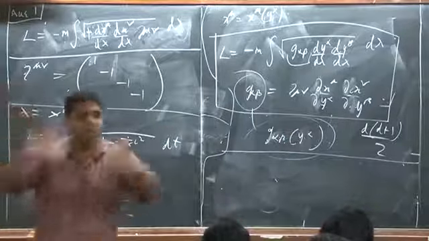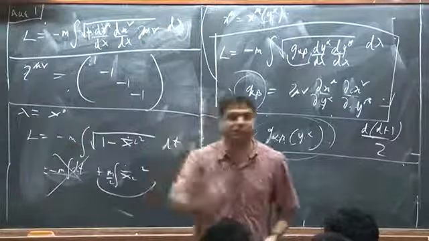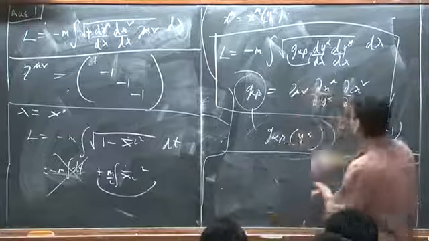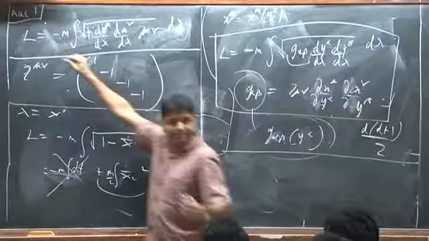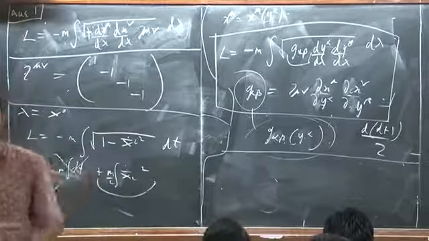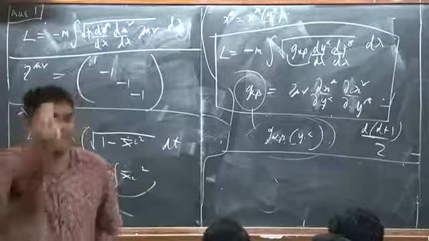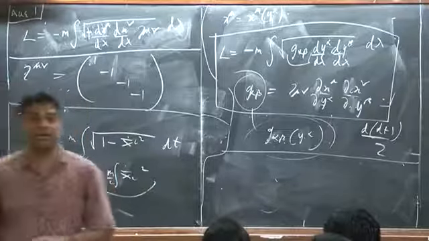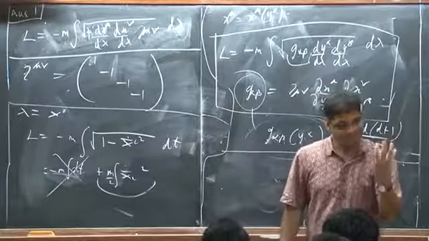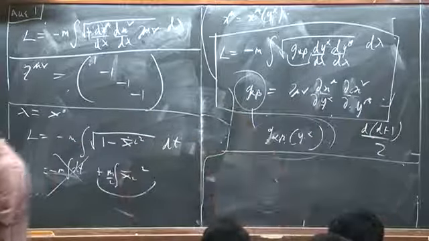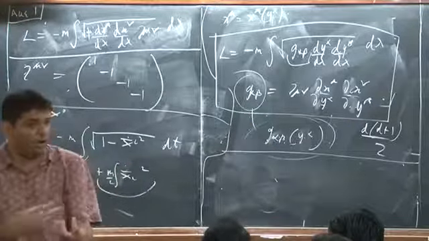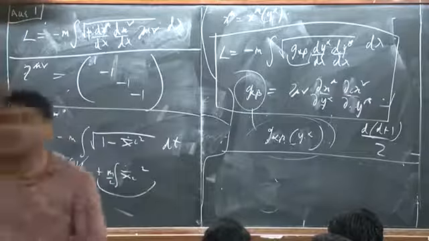But just not to distract, let me just assert it. At any given point in space, we can produce any g alpha beta we want from eta by an appropriate coordinate transform. And actually it's true that even the first derivative can be set by an appropriate coordinate transform. Now what does that mean? You see, the fact is that g cannot be set to eta everywhere by coordinate transform.